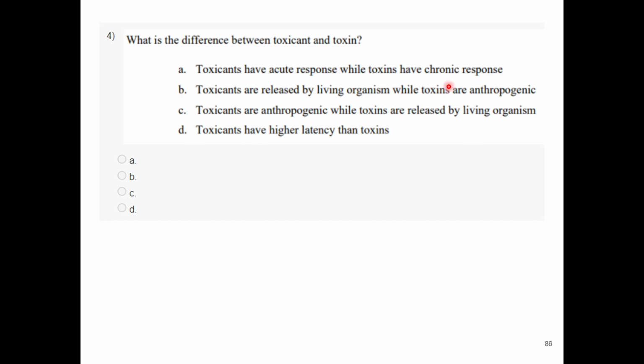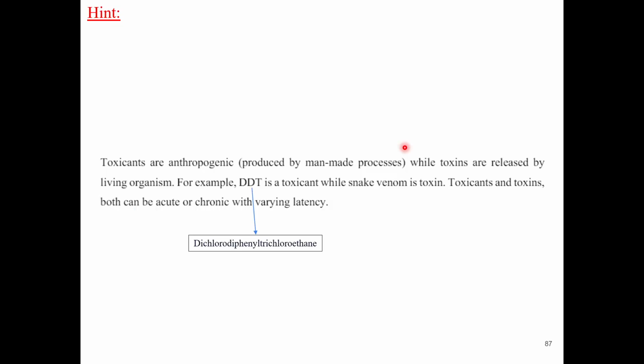So if you remember, we discussed it properly. Toxicants are substances released from man-made activities or anthropogenic activities, and toxins are those released from living organisms. So that is C basically. C is the correct option. If you see the hint also, toxicants are anthropogenic, produced by man-made processes, while toxins are released by living organisms.